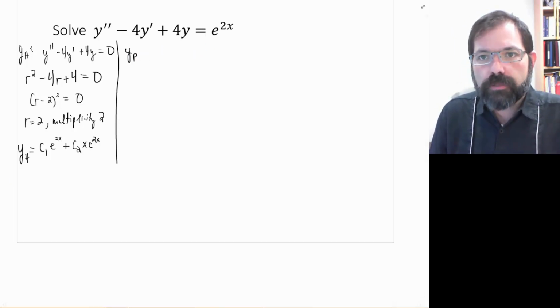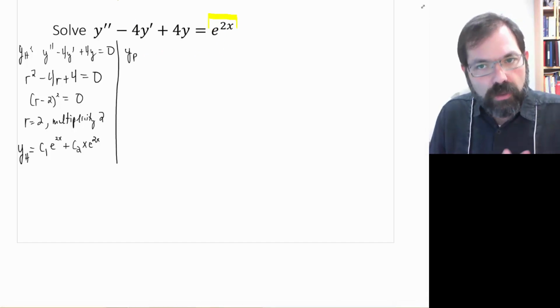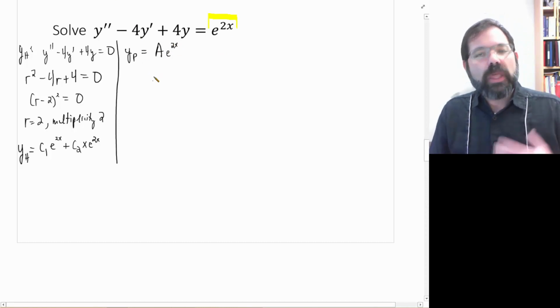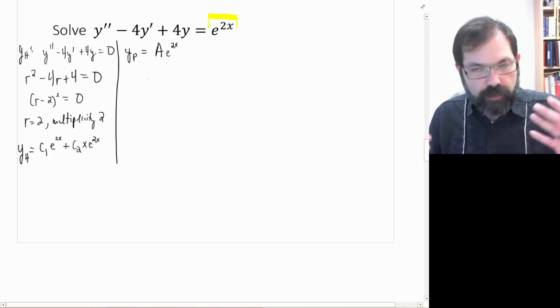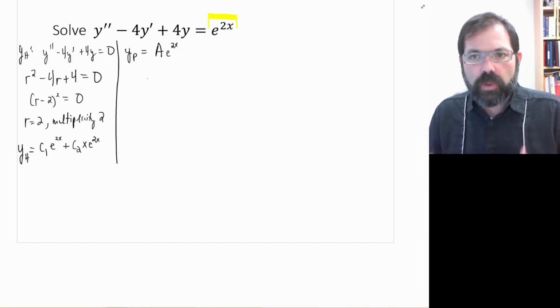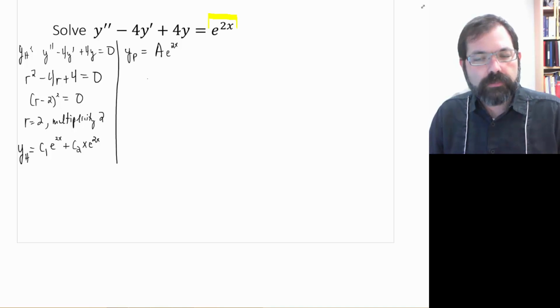And since our f of x has the form e to the 2x, we might say, okay, then the y sub p should equal a e to the 2x. But it can't. I hope you pause now and think, why can't y sub p equal a e to the 2x? Why won't it work?